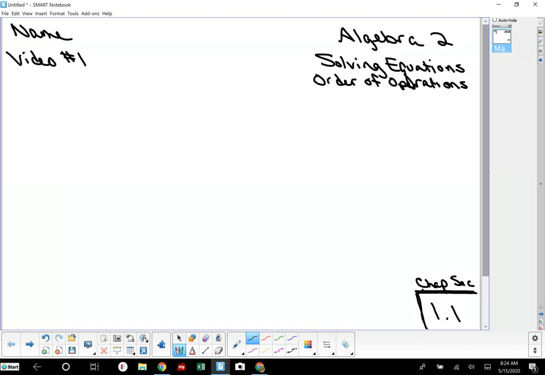So there's a bunch of vocab here that we have to get out of the way. So again, bear with me while we do this, but the first one, I want to make sure that we're all on the same page. So a term. You might want to underline that vocab.